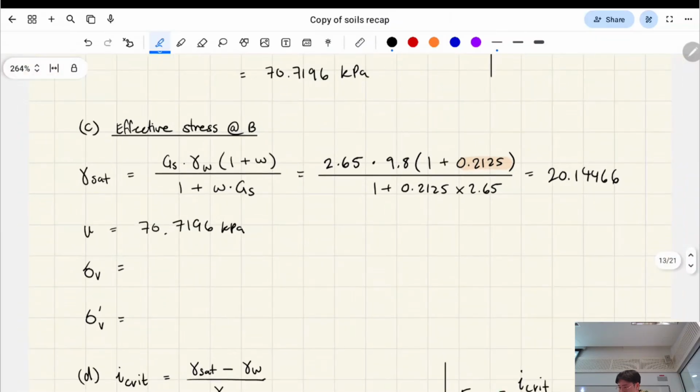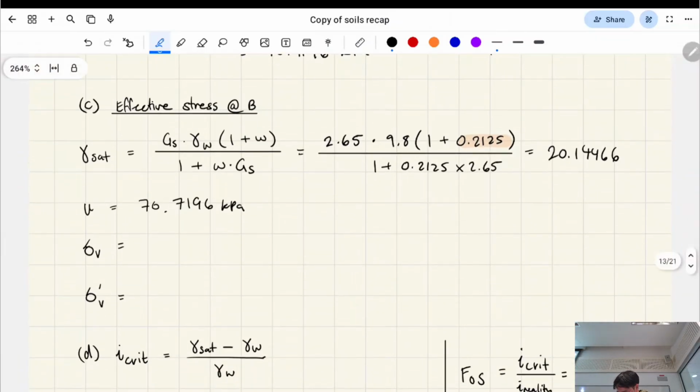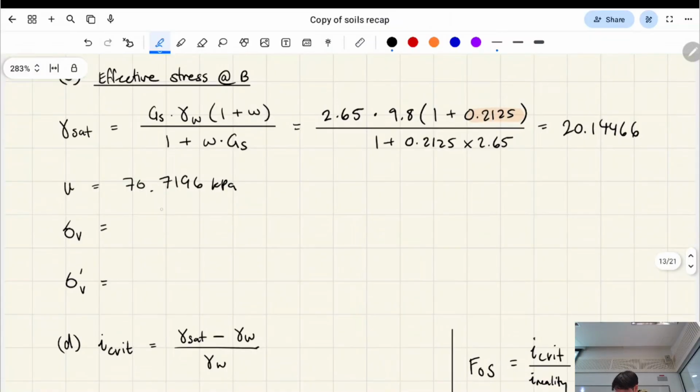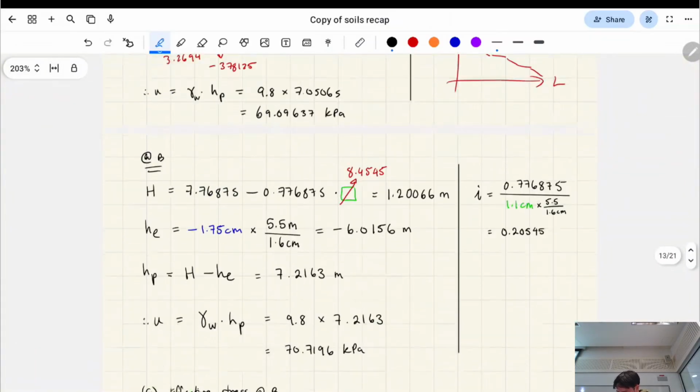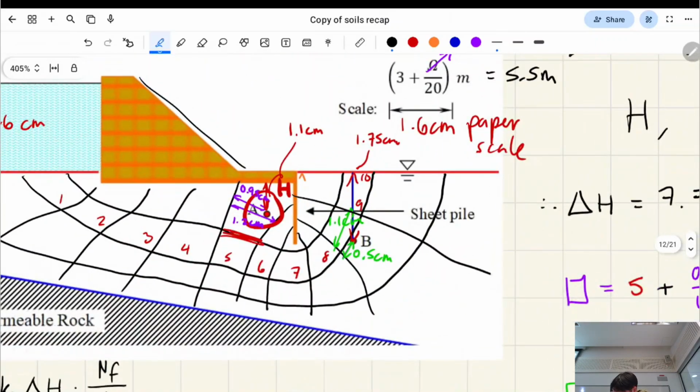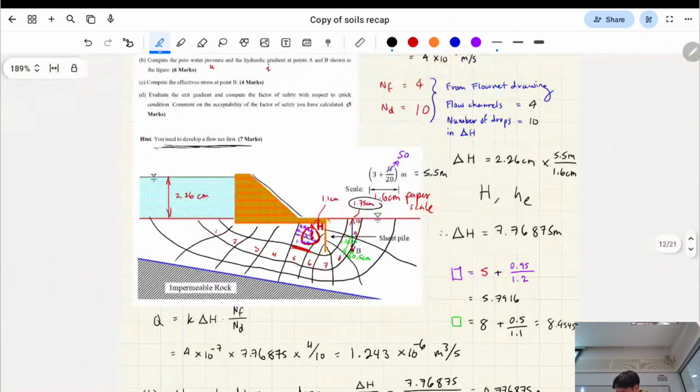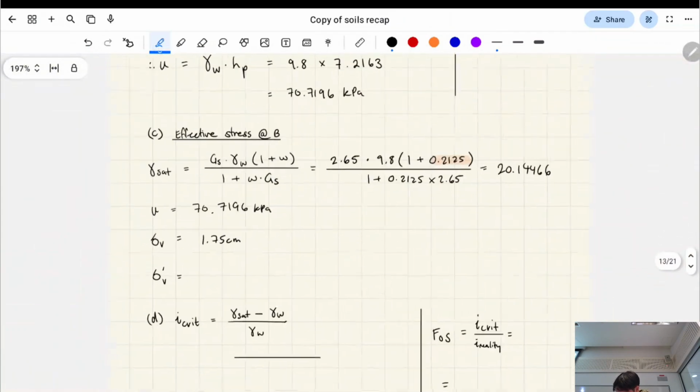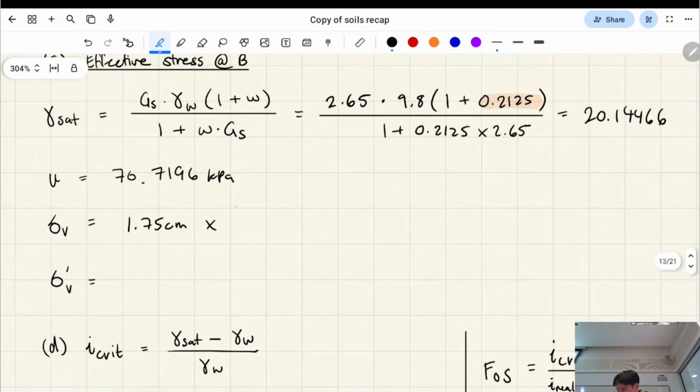Okay, now we use that understanding of the 1D stress that I was talking about earlier to calculate the vertical stress, right? 1.75 centimeters is this. So we measured 1.75, and we have to convert it, of course.